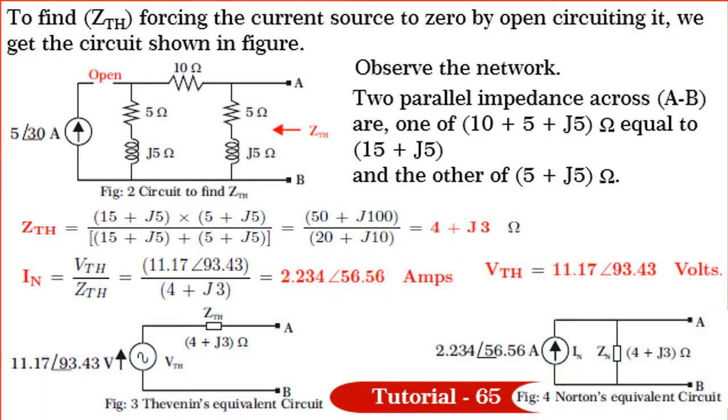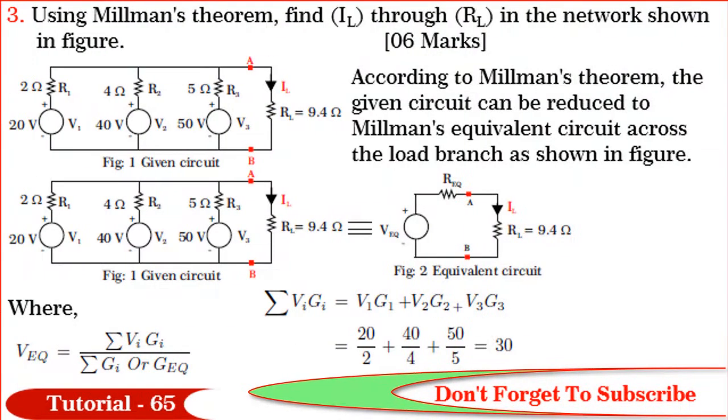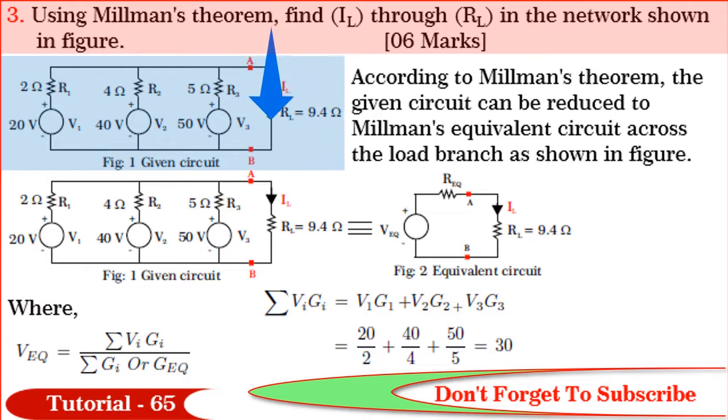Hope you understood it. Friends, next we shall solve question 3, in which we are required to find IL through the load resistance RL in the network shown in figure using Millman's theorem.